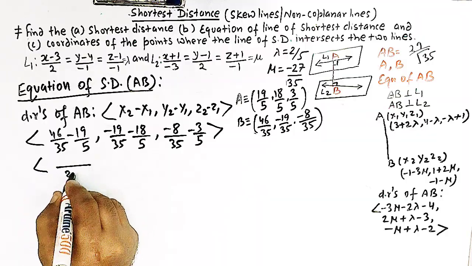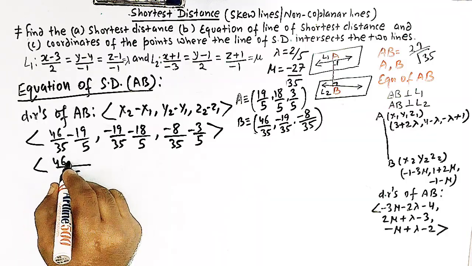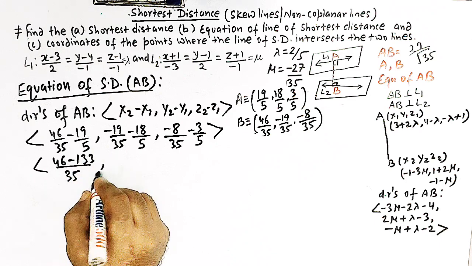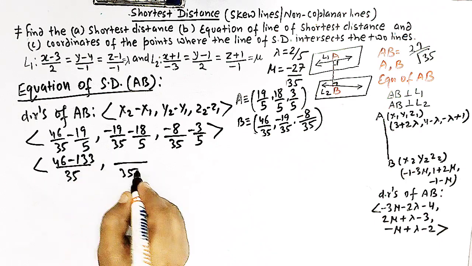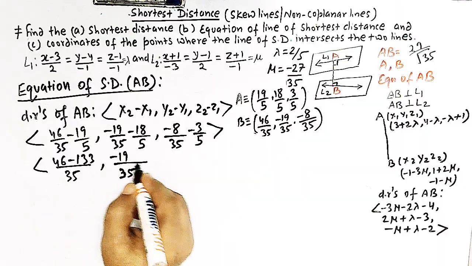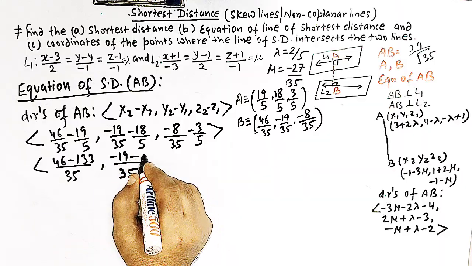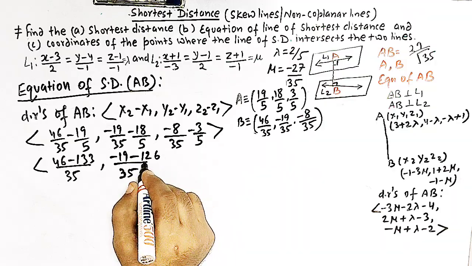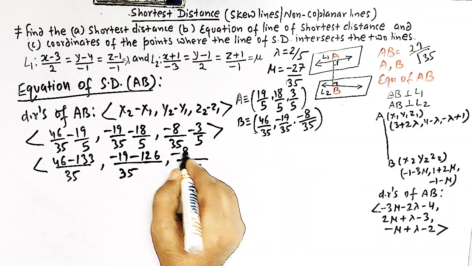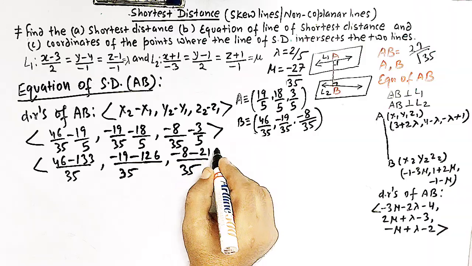So here we have 35, here we have 46, and here we have 133, and here we have 35, and here we have minus 19, and here we have 126, and here we have 35, minus 8, minus 21.